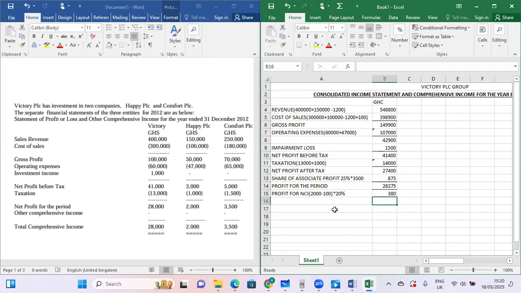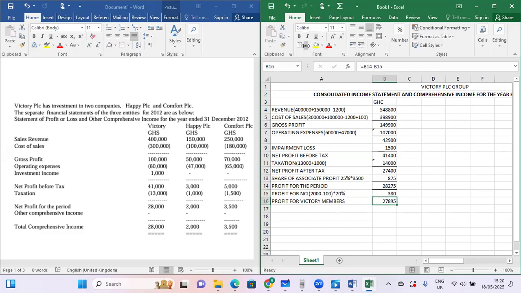We have 380. Now, the difference between the total and this is going to be profit for the members of Victory.